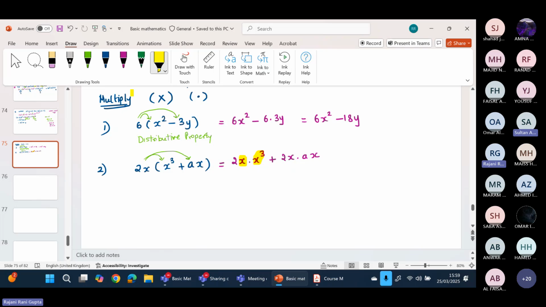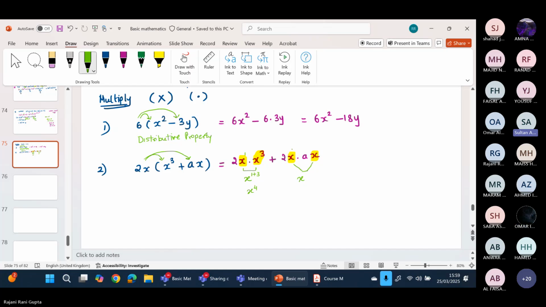Combine them to make one term. x power 4. Good. So this will be 1 plus 3, the rules of exponent, x power 4. Similarly, you see x here and x here. When you combine them, what you will get? x power 2.